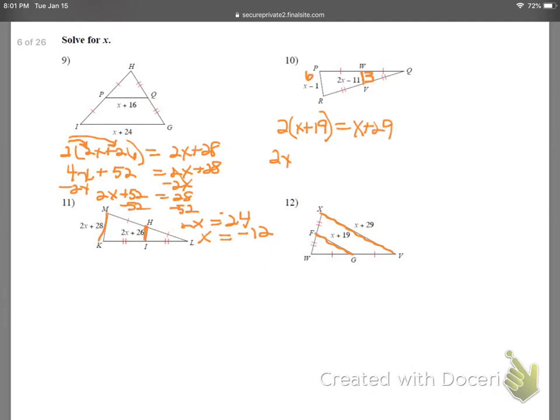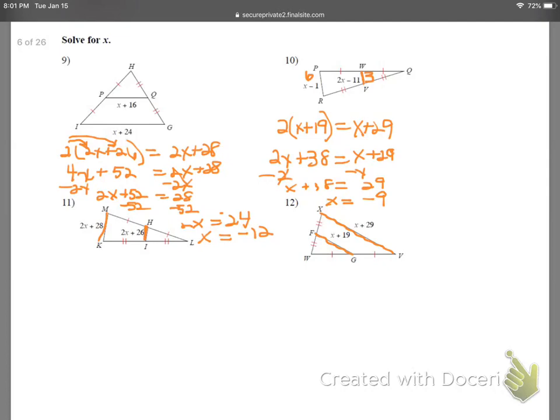So 2x plus 38, because 2 times 19 is 38, equals x plus 29. Subtract x, that's an x, not a 2x. x plus 38 equals 29. Subtract 38, subtract 38, x is going to equal minus 9.